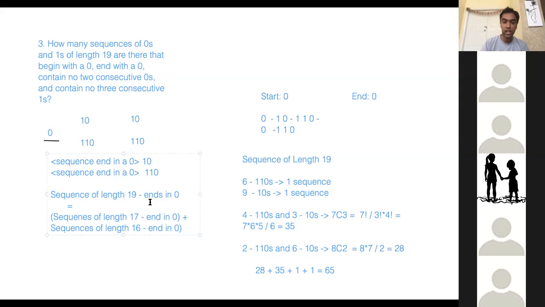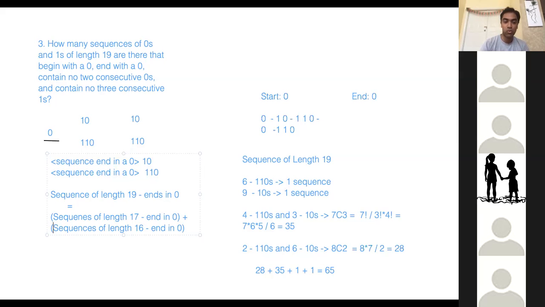So I know a sequence of length 19 that ends in 0 should end in either 1, 0 or 1, 1, 0. So it's like thinking about working backwards. If I know it ends in 1, 0, then the problem that's left is finding sequences of length 17 that end in 0, then I could just add a 1, 0 to it. Or find a sequence of length 16 that ends in 0 and then add a 1, 1, 0 to it.